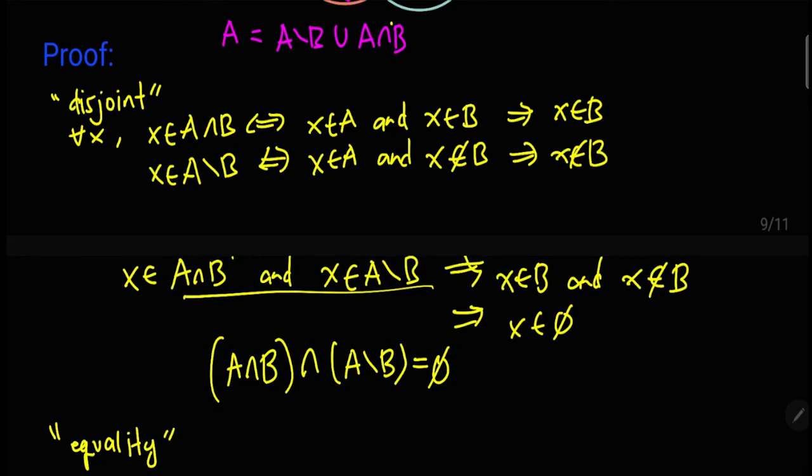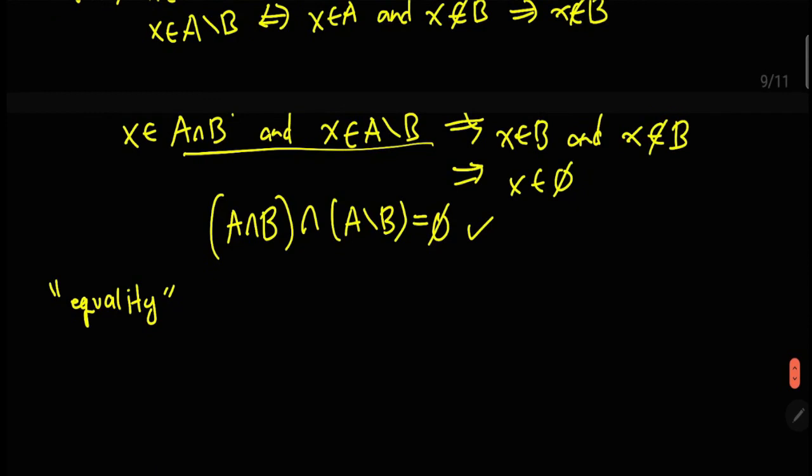Okay. So we're good with this disjoint. Now, how do we show equality? As always, whenever we want to show equality, all we need to do is to show that the left-hand side is the same as the right-hand side.